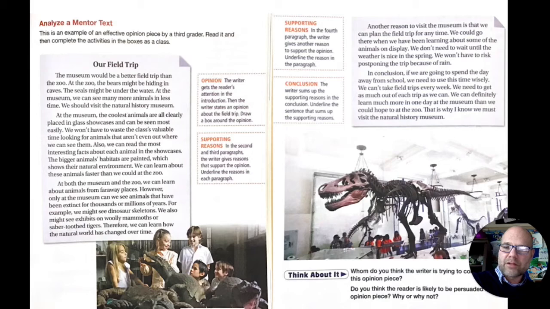Therefore, we can learn how the natural world has changed over time. Another reason to visit the museum is that we can plan the field trip for any time. We could go there when we've been learning about some of the animals on display. We don't need to wait until the weather is nice in the spring. We won't have to risk postponing the trip because of rain.